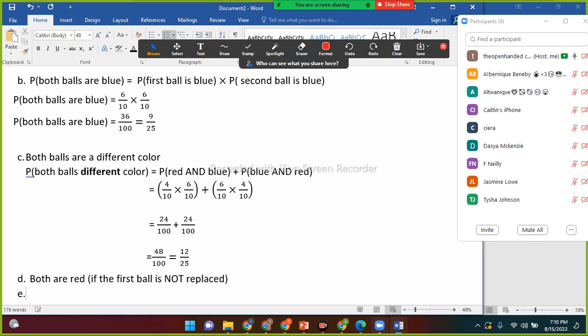So we want a probability that both are red, but the first ball is not replaced.